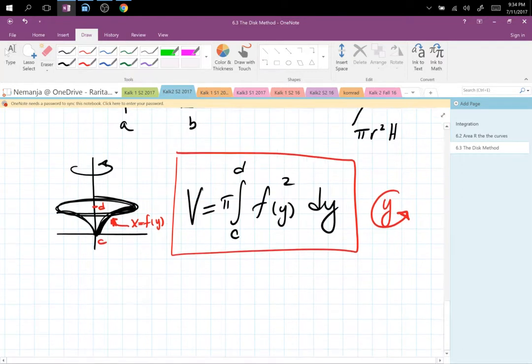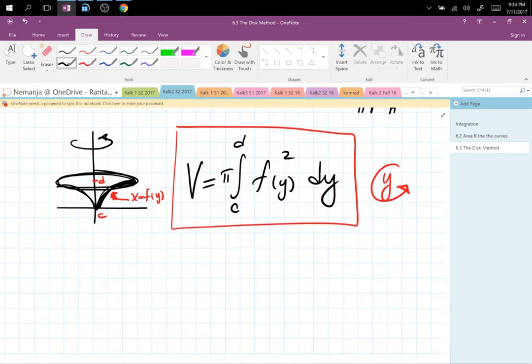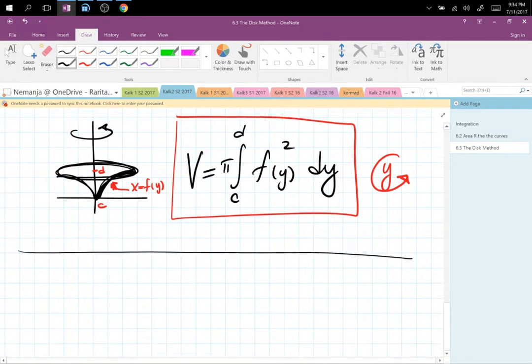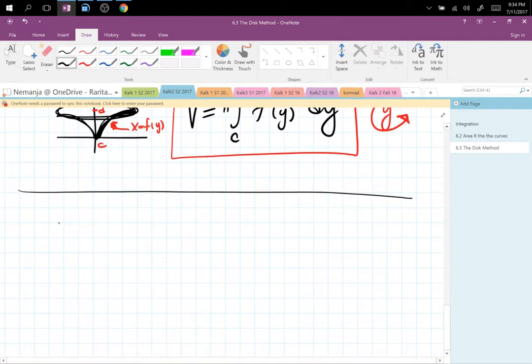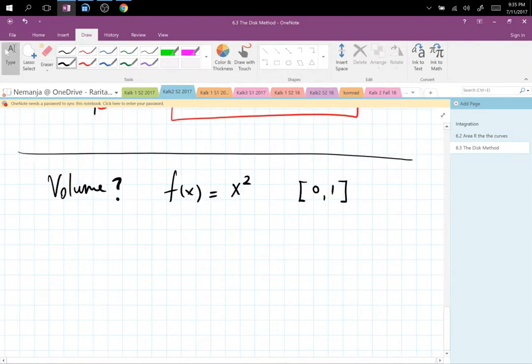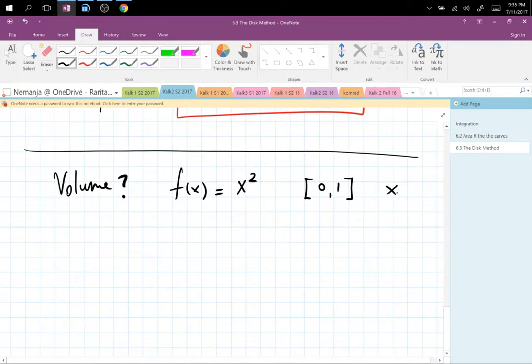So now, examples and problems. Find the volume for f of x equals x squared on 0 to 1, rotating around the x-axis.